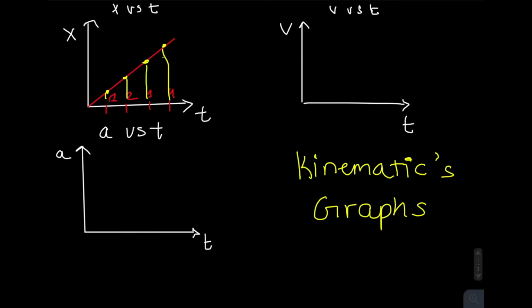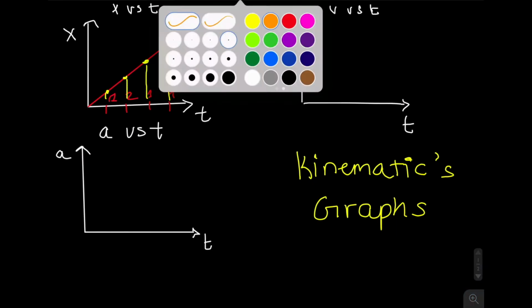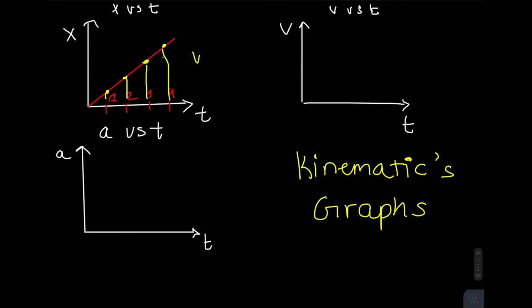So slope, which is usually denoted by m in math, is the change in the y-axis over the change in the x-axis. In our case, the change in the y-axis is displacement, and you might be seeing what I'm getting to here. So m is the change in the y-axis variable, which is delta x here, over the change in the x-axis variable, which is time. And you can see that this is the same thing as finding velocity.